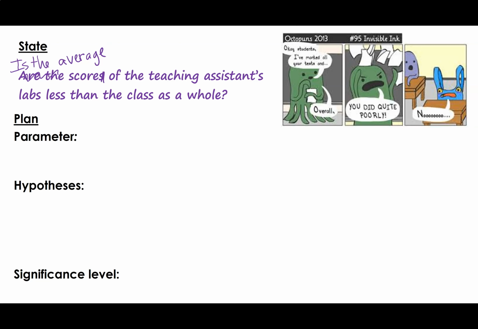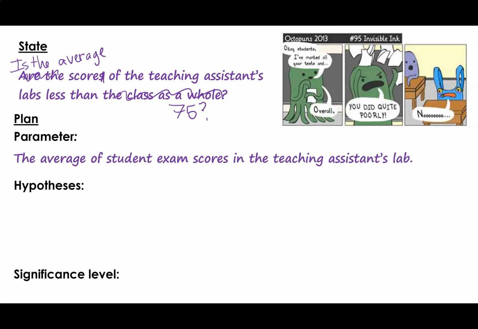So is it less than 75? Because we want that number in there. We want to know what we're comparing it to. It's not a lot of information if we don't put that number in. So the parameter is the average of all student exam scores that teaching assistant has. The symbol for it is mu.